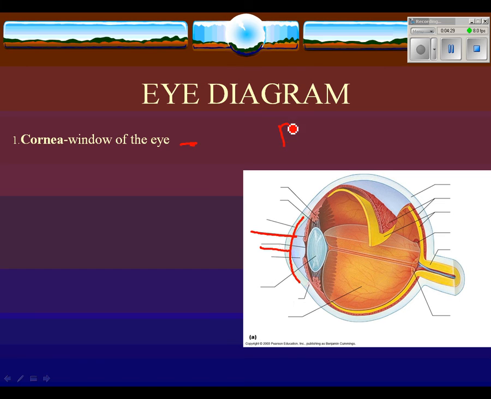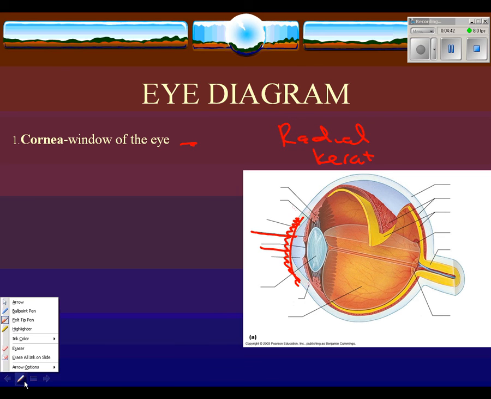If you've ever heard of radial keratotomy or laser surgery, they actually shave the cornea with a laser, because if you look at the cornea, you'll realize it's bent.